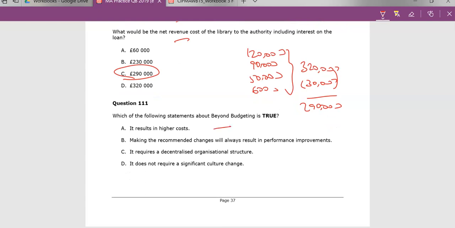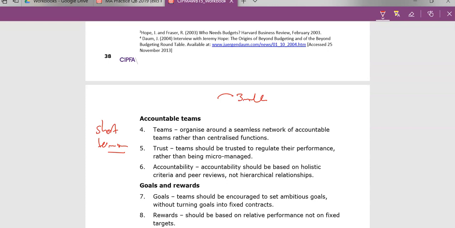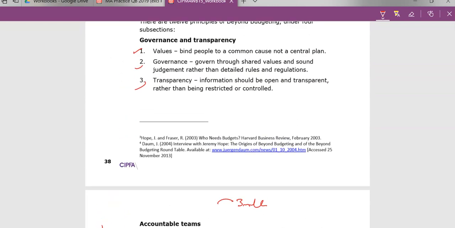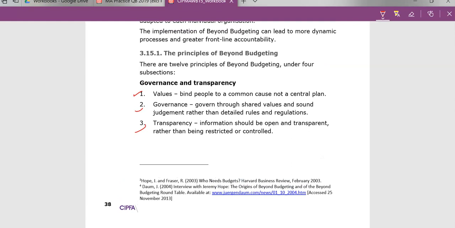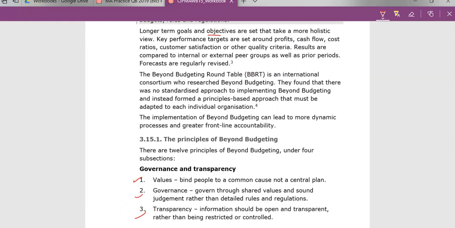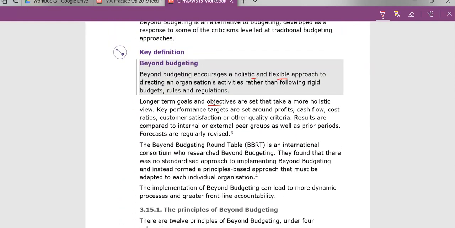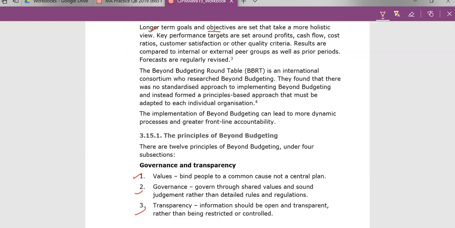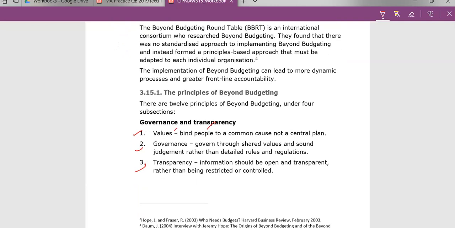Now, beyond budgeting, I'm going to go very quickly to that. Beyond budgeting is very much a theory by the World Bank. We looked at it already, and it'll be good for you to look at this. Very much about long-term objectives. The whole idea is thinking of ways to think about governance and transparency.